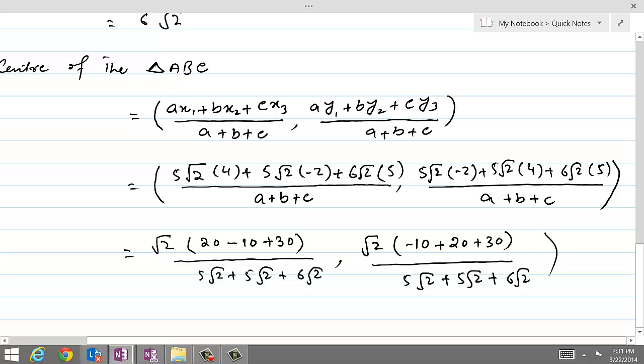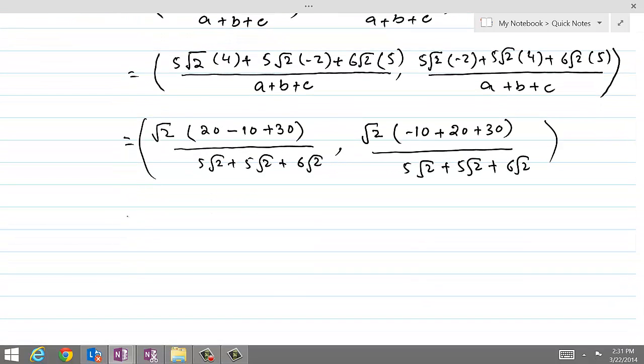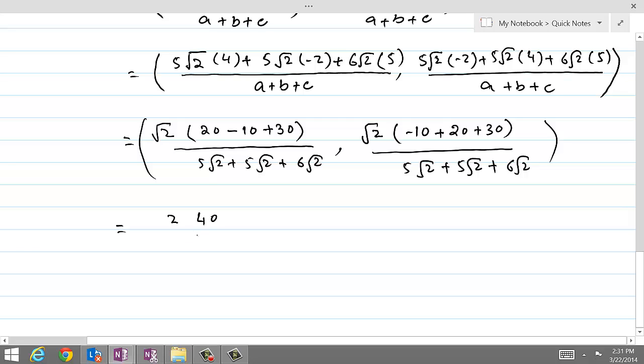So here we draw these brackets, and now we add these up: 20 plus 30 would be 50, minus 10, that would be under root 2 times 40 over 16 times under root 2.